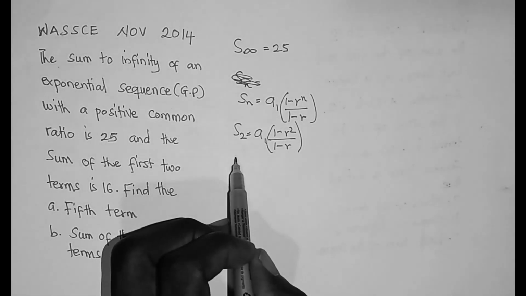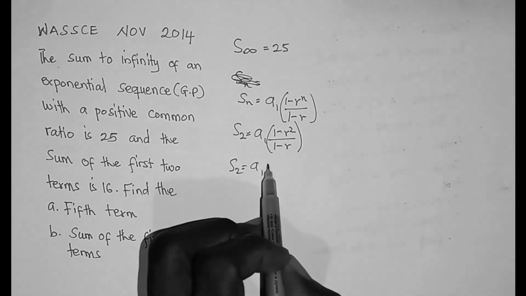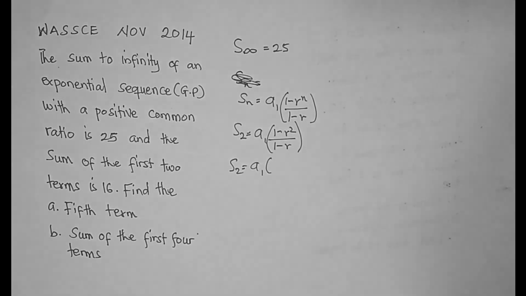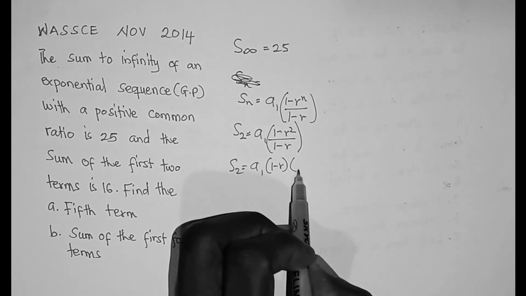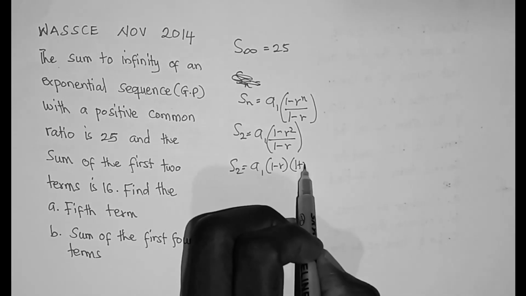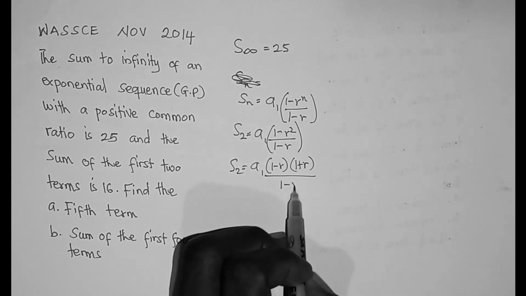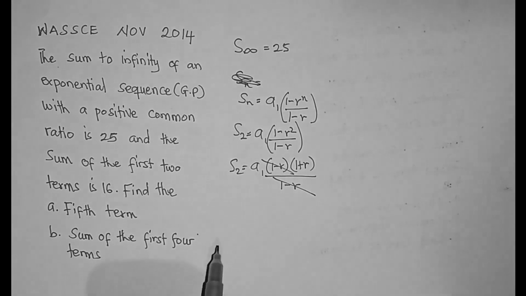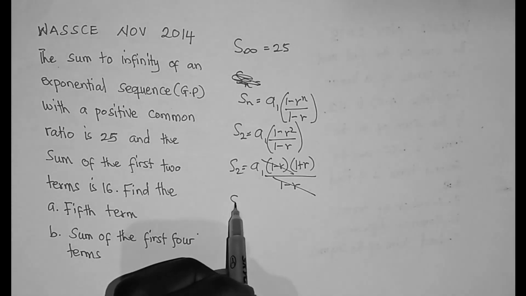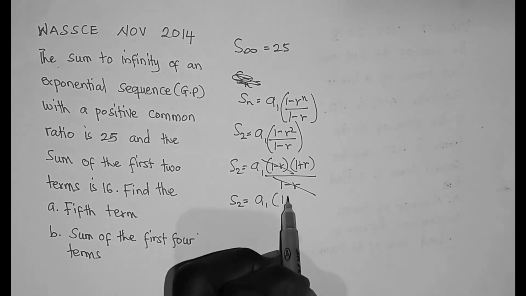Simplifying further, 1 minus r squared is a difference of two squares. So we have one bracket 1 minus r times another bracket 1 plus r, divided by 1 minus r. So this 1 minus r and 1 minus r can cancel out. So s2 is equal to a1 times 1 plus r.